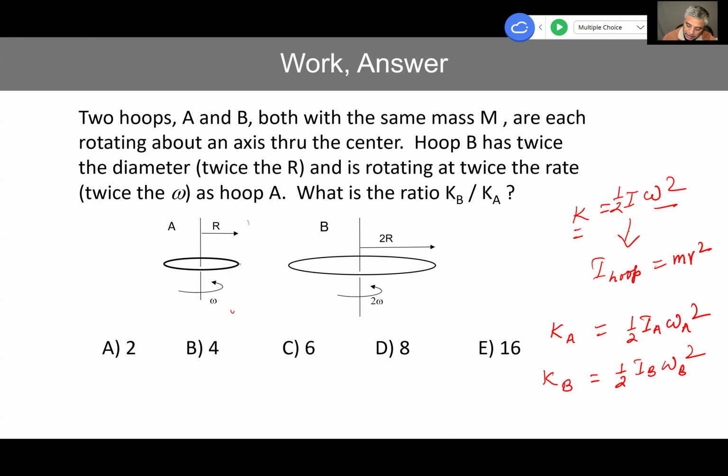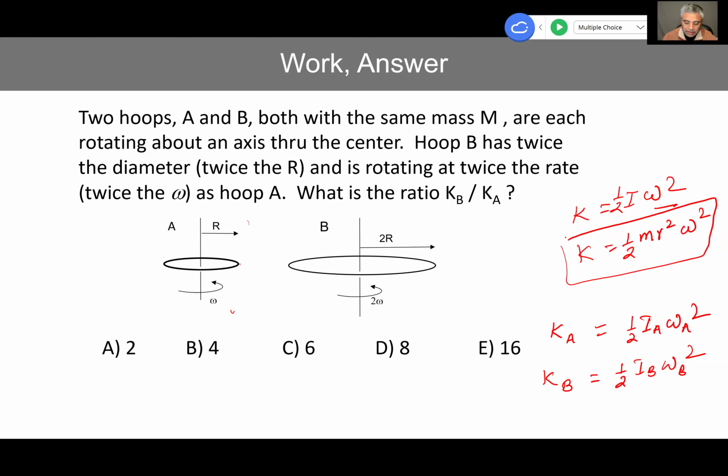How do I do it? First, let me show you how to do it, a bit quickly. Since both of these are hoops, I can just write this equation for the kinetic energy, right?